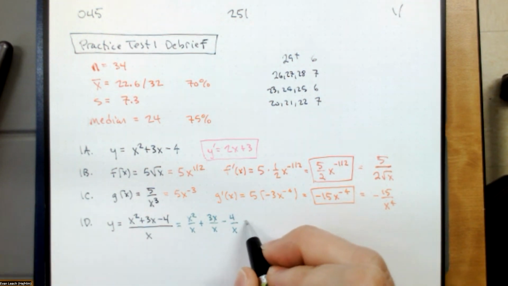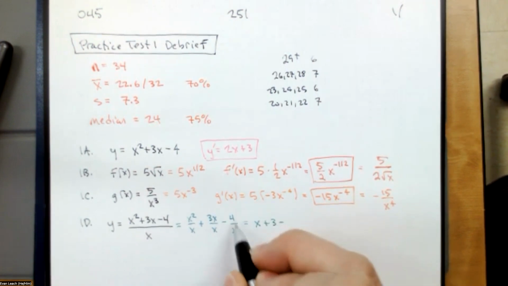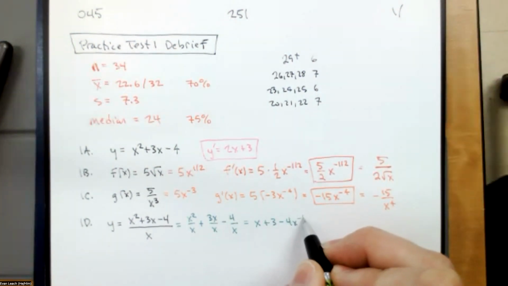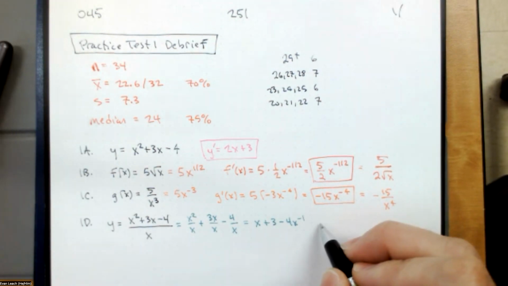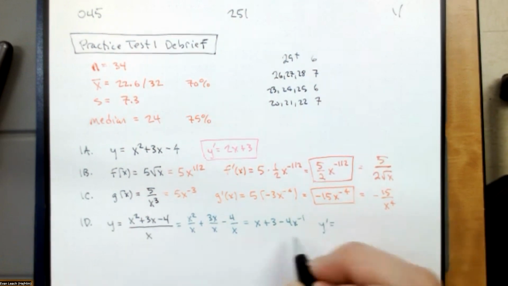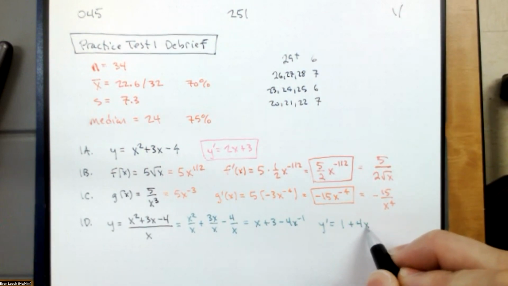X squared over x is just x. 3x over x is just 3. And I'm going to write this as 4x to the negative 1. So now I've got these terms and I can nx to the n minus 1. So y prime. We still have a derivative. We're just algebra. It's going to be 1 plus 0 plus 4x to the negative 2.